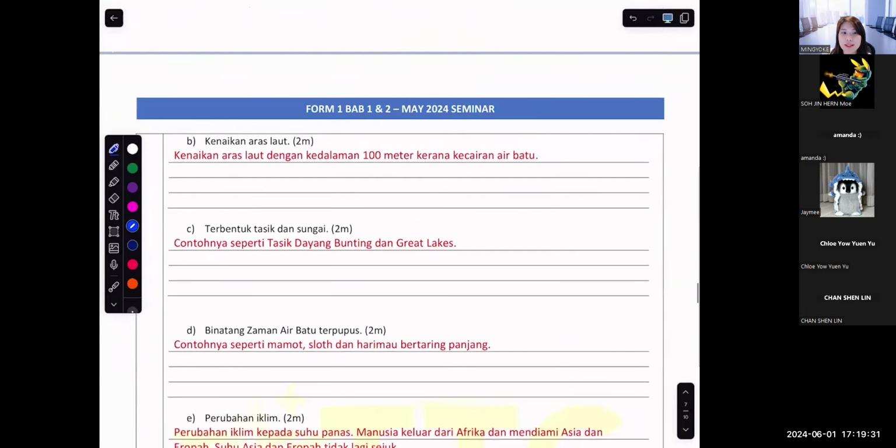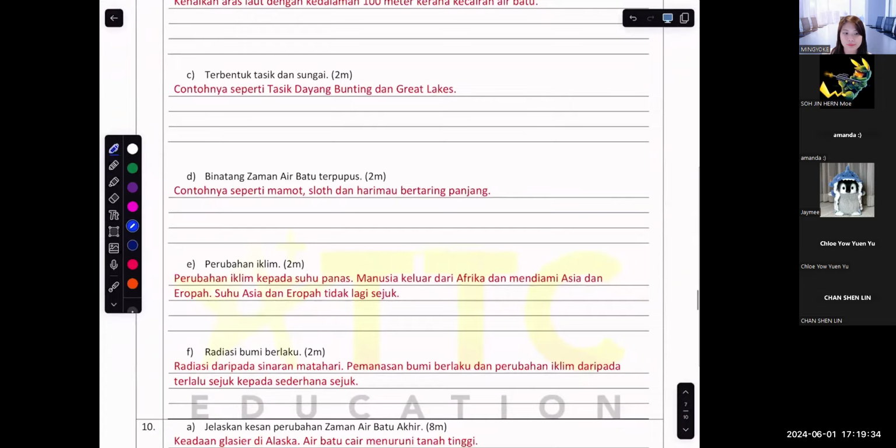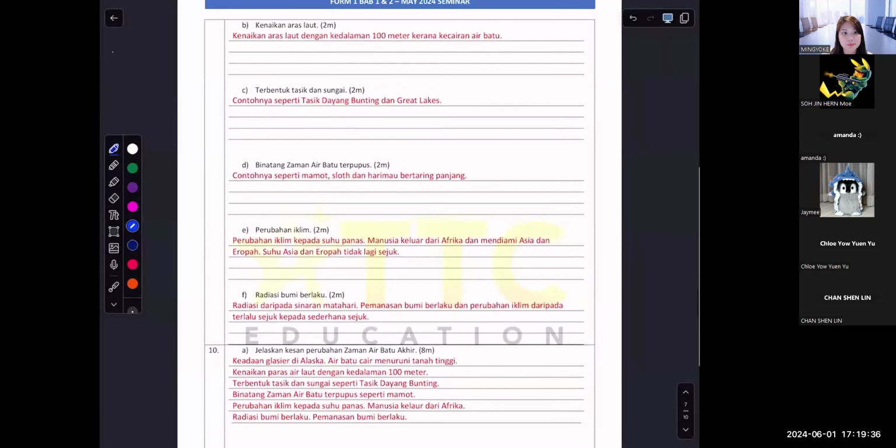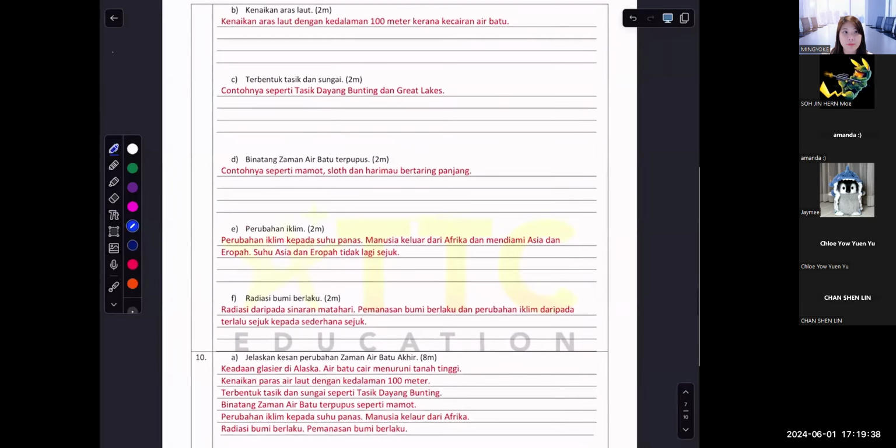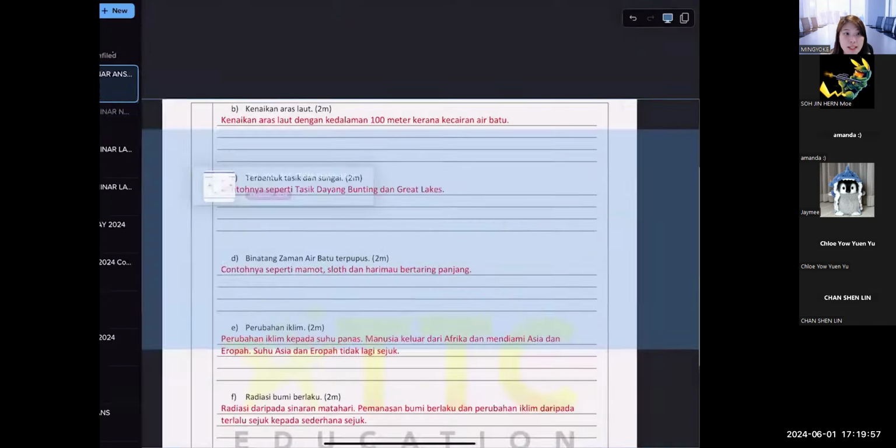Go to page 12. Page 12, last one. Page 12, guys, page 12. Last one. Screenshot. For example, this one, kesan, is as per your own notes here.